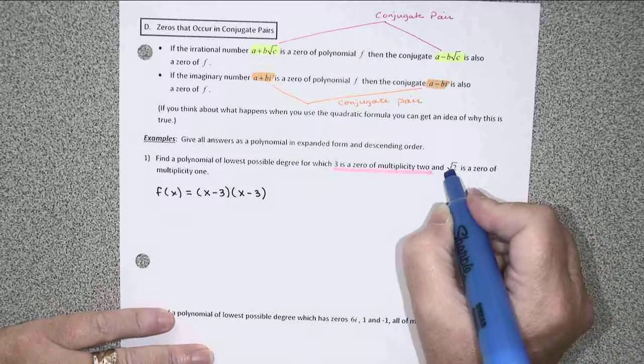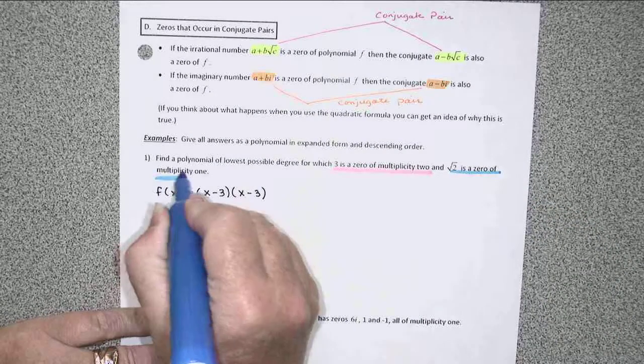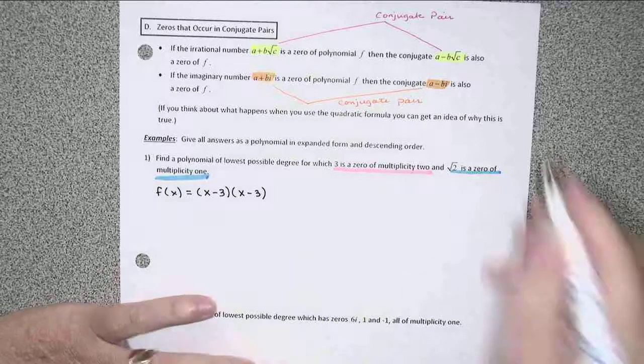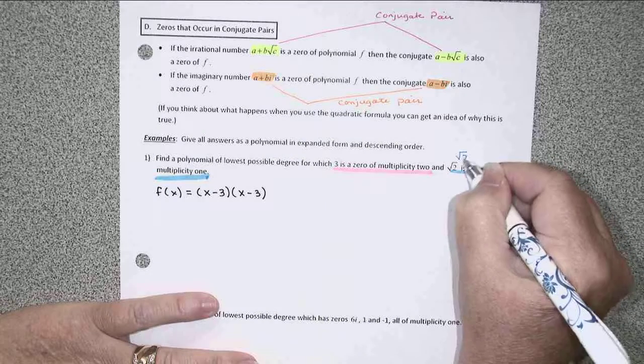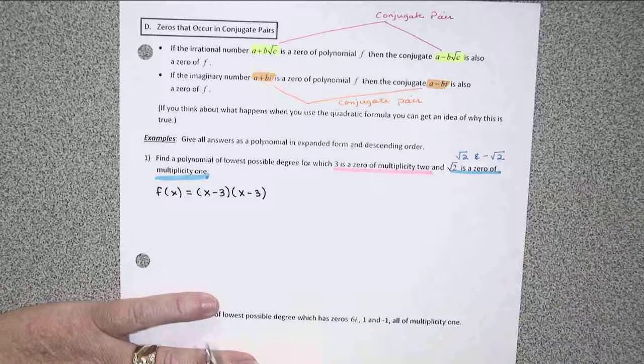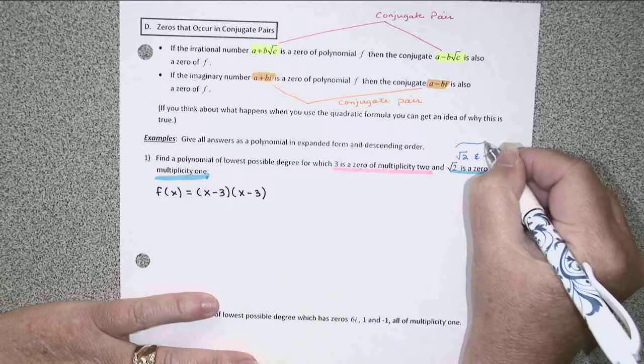Square root of 2 is a zero of multiplicity 1. If the square root of 2 is a zero, then the conjugate pair, negative square root 2, must also be a zero.